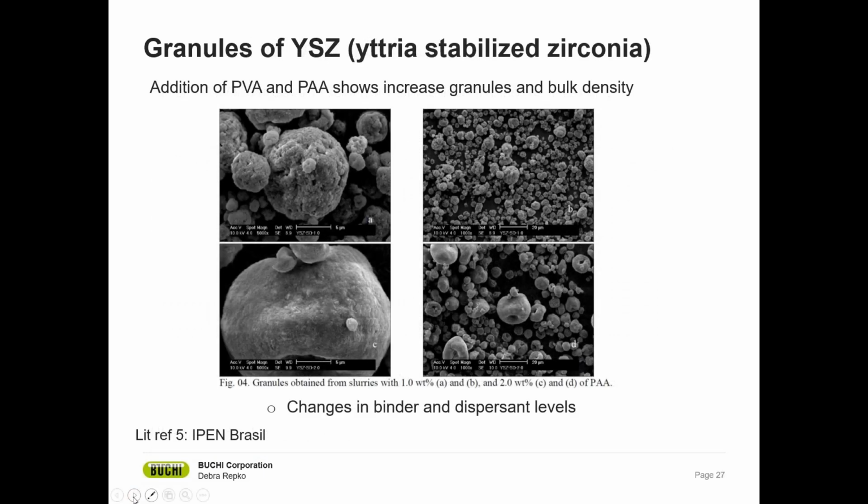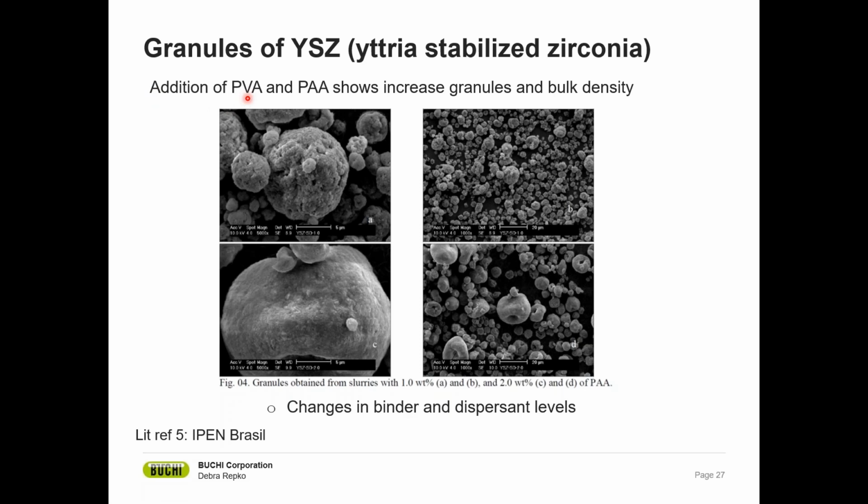The last example is an area that people have been working in for a while and still continue to do so, basically granulating of YSZ or yttria-stabilized zirconia, so pretty typical ceramic. Once again, wanting to make bigger granules or agglomerates. This study showed taking the slurry in polyvinyl alcohol.